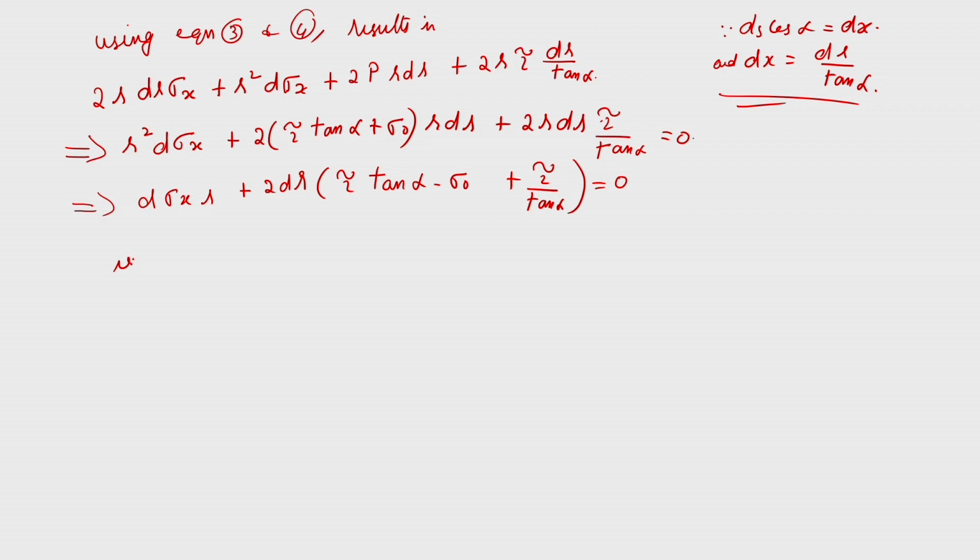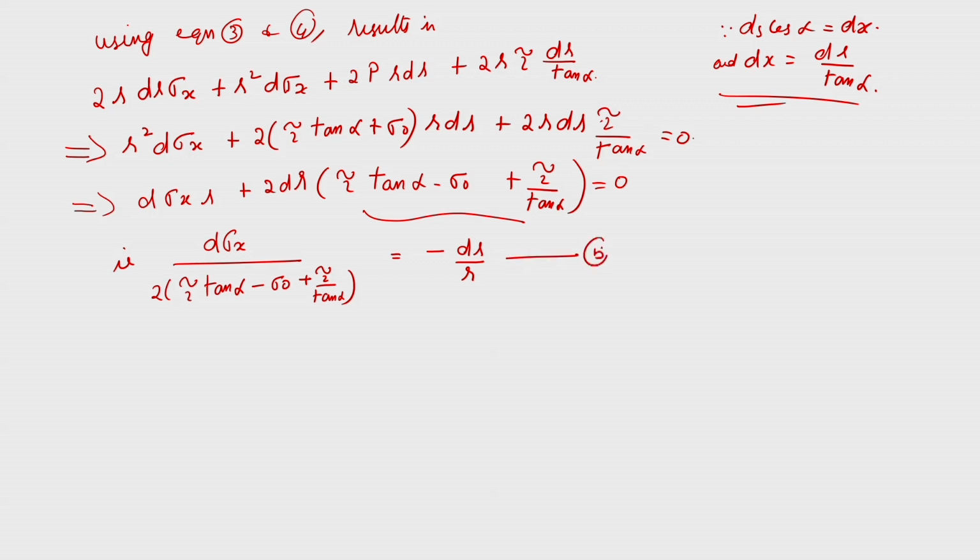So in the differential form we can write it as d sigma x by 2 into tau tan alpha minus sigma 0 plus tau by tan alpha, bringing this term to the denominator, is equal to minus dr by r. This is the differential equation. You solve for this and we can get the value.